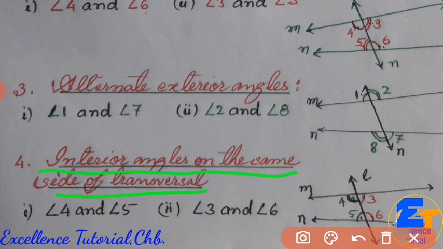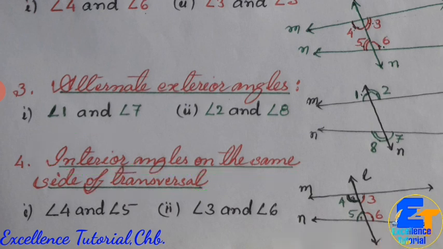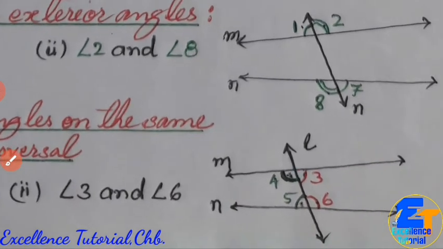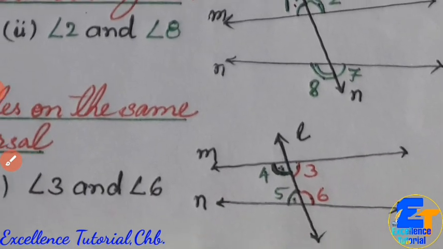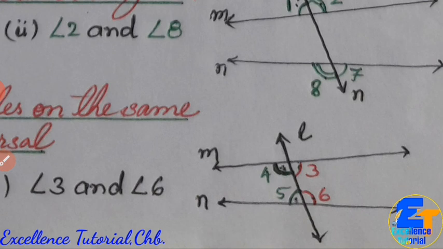Now let us identify interior angles on the same side of the transversal. How will you identify interior angles on the same side of the transversal? Such angles must lie either on the left side of the transversal or on the right side of the transversal, and at the same time they must lie within the given straight lines.